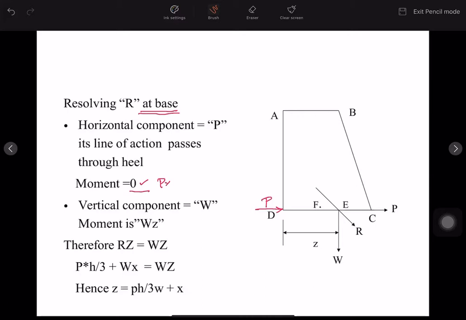So P into 0 is 0. And the vertical component W, we can write it as W into Z. If we simply shift our W from here to here, so that is this. So W into Z equals R into Z.